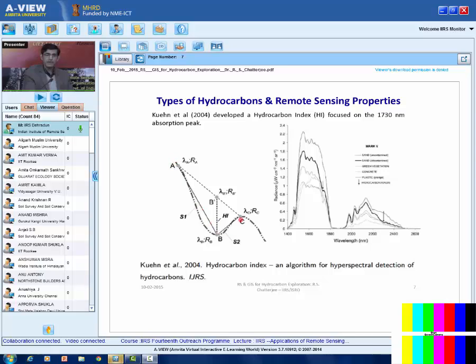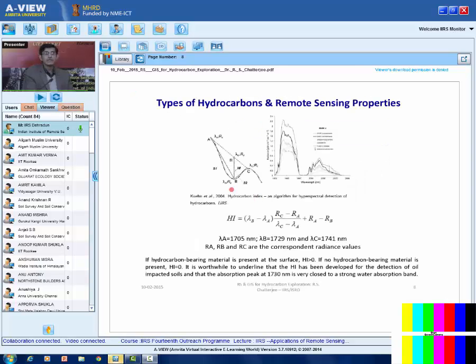This is point A, this is point B and this is point C, with wavelengths lambda A, lambda B and lambda C. The index has been formulated like this: HI equals (lambda B minus lambda A) times (RC minus RA) divided by (lambda C minus lambda A), plus RA minus RB. Lambda A, lambda B, lambda C are the wavelengths, whereas RA, RB, RC are the reflectances at the corresponding wavelengths.